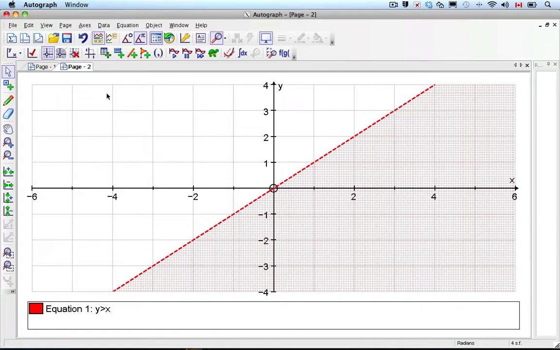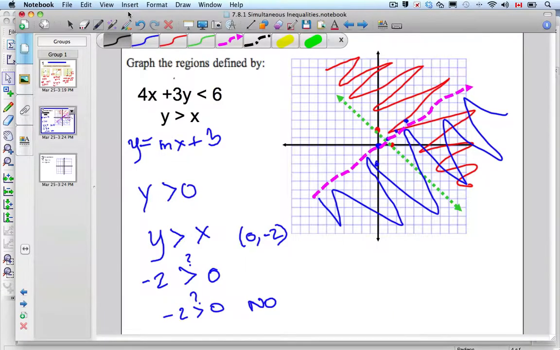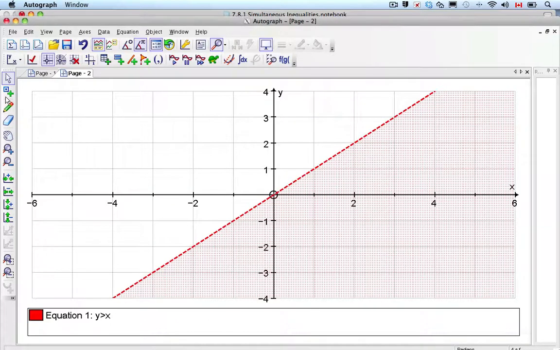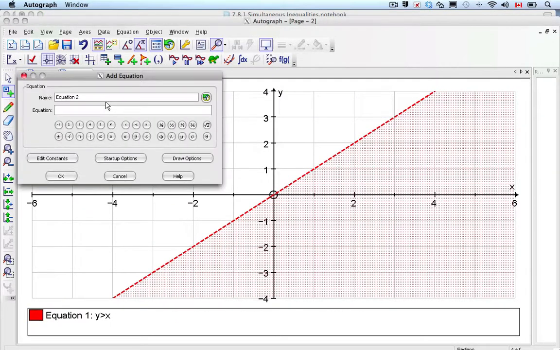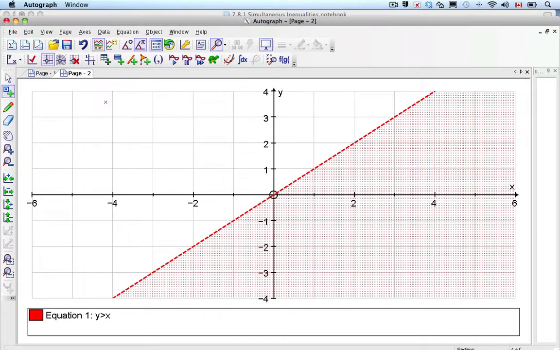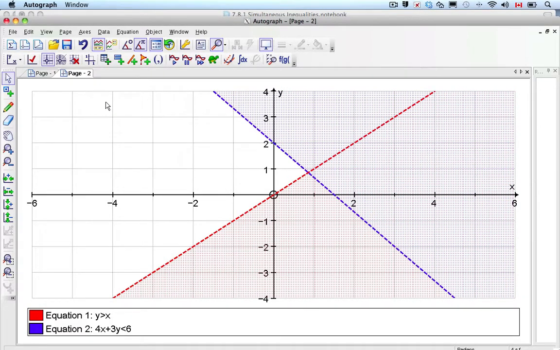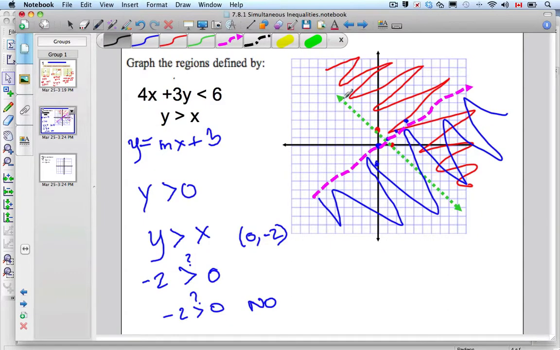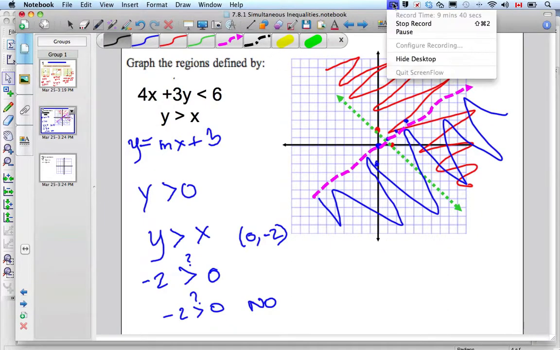The other equation was 4x plus 3y is less than 6. Hit the enter key. It graphs the line, and we got the same region that we got. This region out here is what we're looking for, which is exactly what we got. Super. Okay, we'll have one more in a little bit.